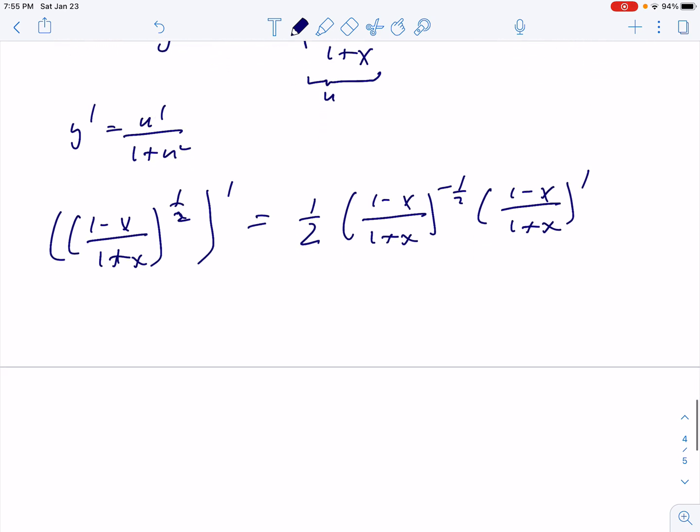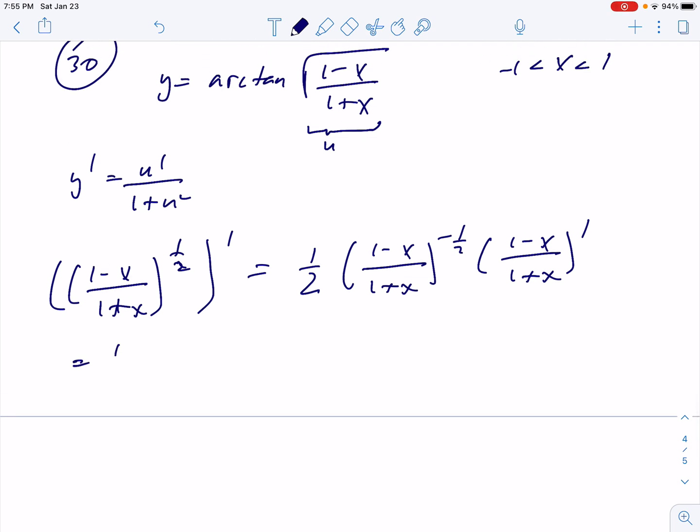Continuing the next line, negative 1/2, I shall write now again like square root, and I have to flip these two, so it becomes square root 1 plus x on top, 1 minus x, and the derivative of the ratio here, what will this be?